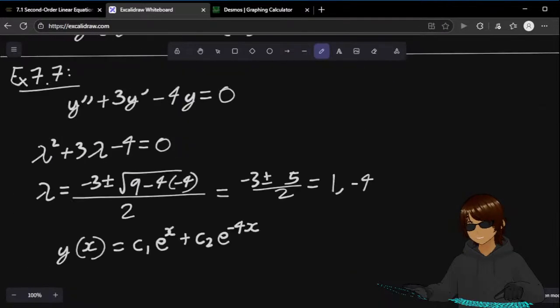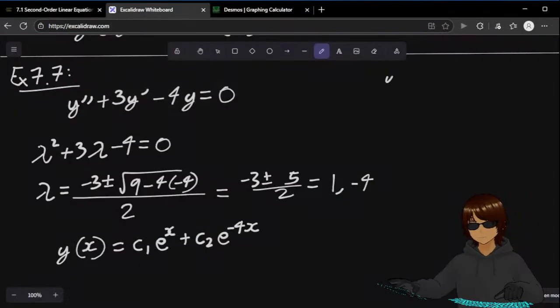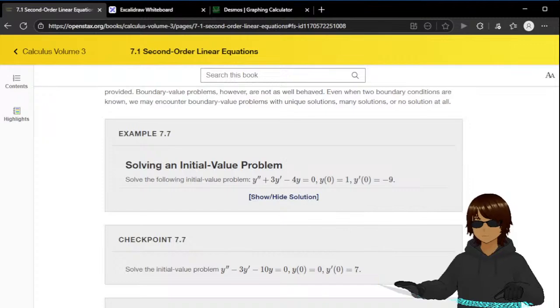They said y(0) is 1, and the derivative of y at 0 is negative 9.